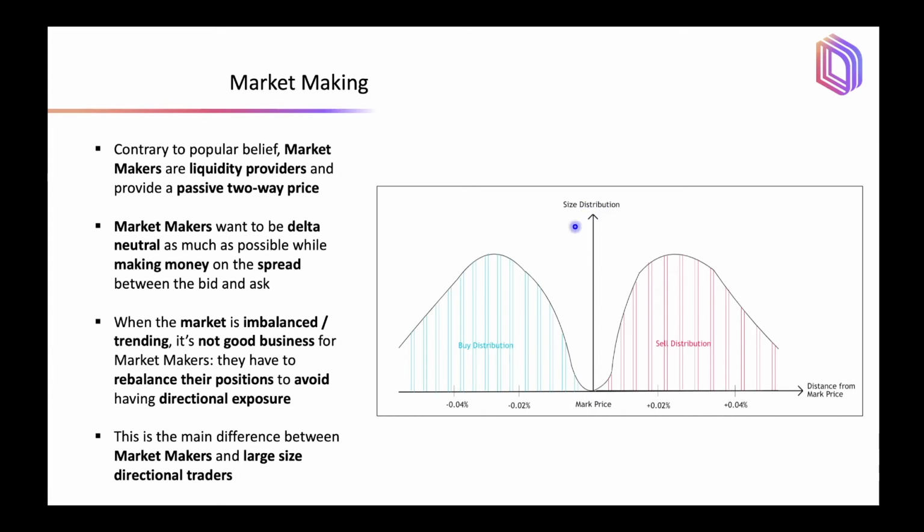And the distribution of their size will vary depending on the distance from the mark price. So essentially they just make money between the bid and the ask on the spread. And so when the market gets imbalanced and trending, it's actually not good business for market makers because they have to rebalance their position to avoid directional exposure.